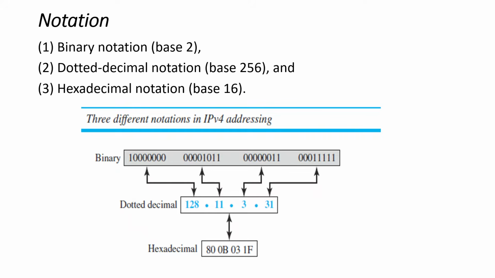In binary notation, we have a total of 32 bits, and the address is divided into 4 blocks of 8 bits each. In dotted decimal notation, those 4 blocks are represented as decimal numbers. In hexadecimal, again those 4 blocks are represented in the hexadecimal number system.